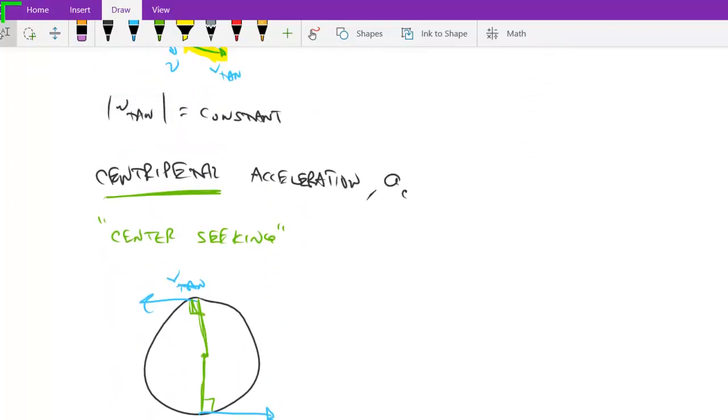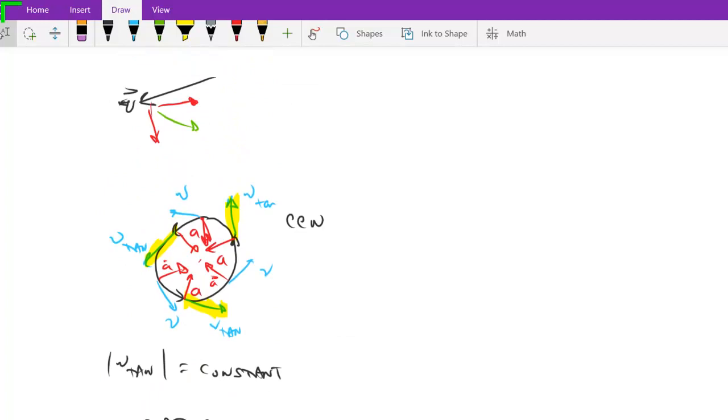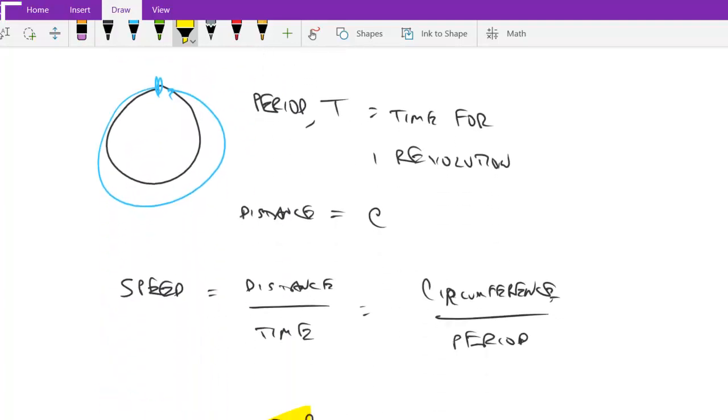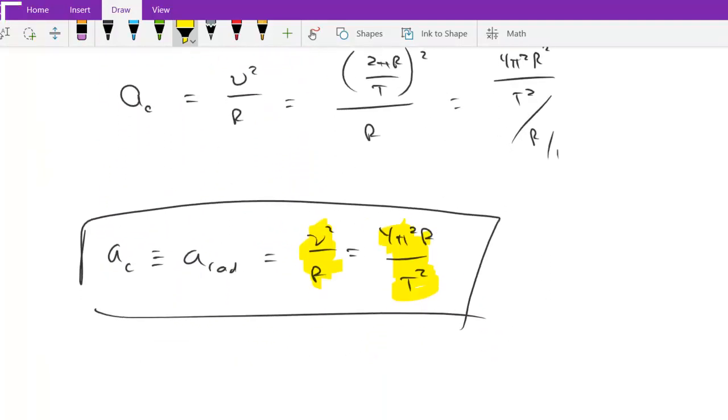When we get into chapters 9 and 10, we might look at some other accelerations which are not entirely perpendicular, so maybe like this, in which case it has some perpendicular component and some parallel component, so it can be speeding up and rotating. But in chapter 6, we're just going to limit everything to only perpendicular accelerations, so only this centripetal acceleration for now. We'll add on another layer in later chapters.